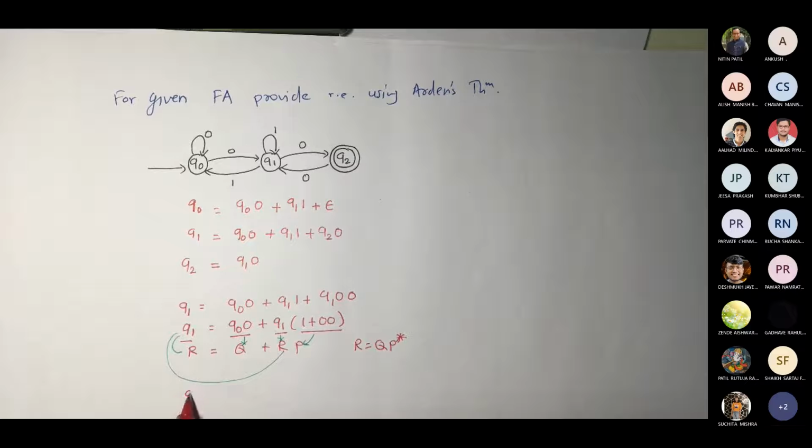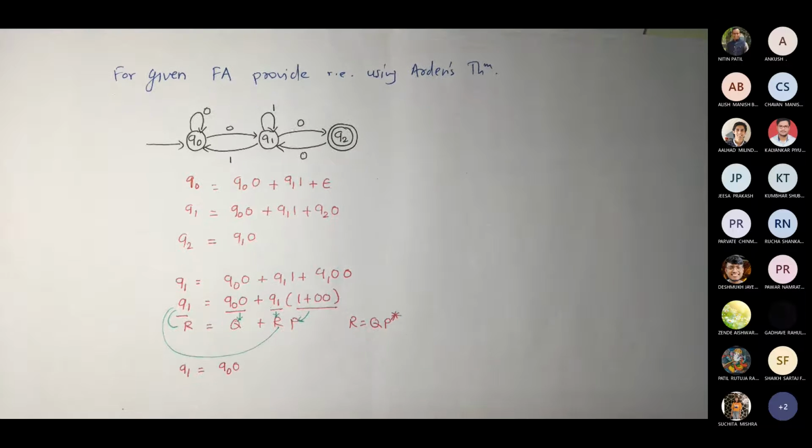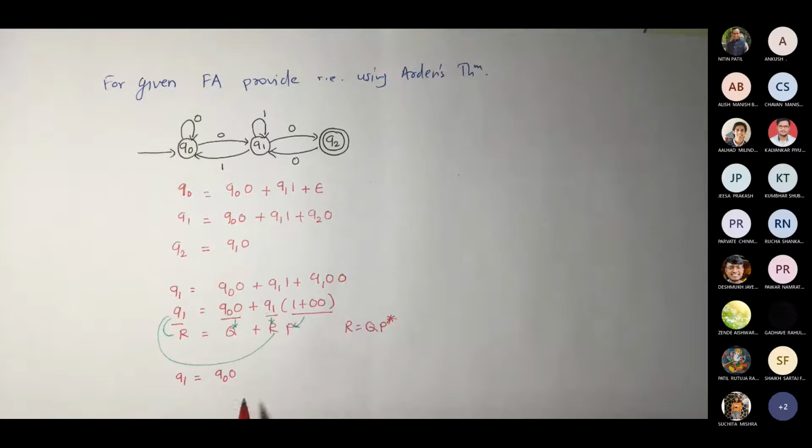So how shall I write? Q1 equals what is Q now? Q0, 0. Fine. What is P? 1 plus 0, 0, star.